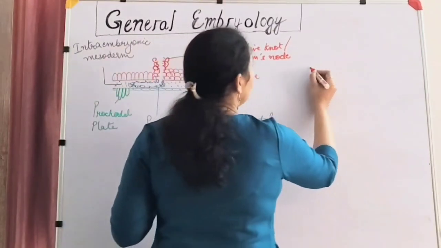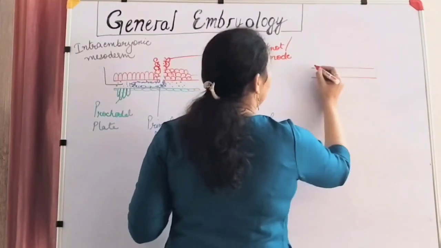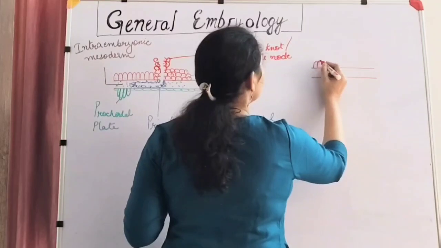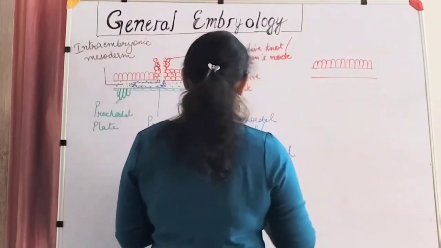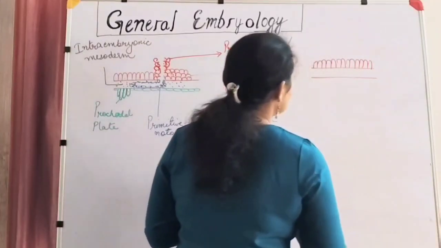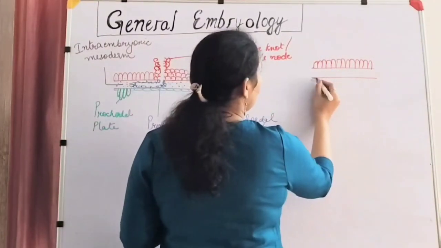Now all these things can be simply shown in another section. Let me go with that. That is a very simple diagram to draw. So this is the ectoderm, right? Below this we have the endoderm.